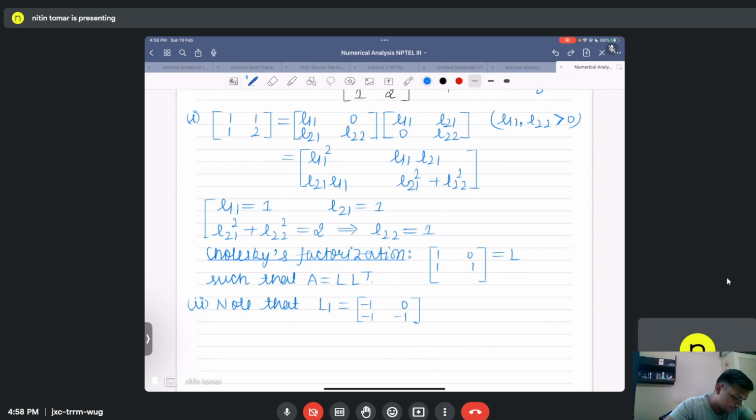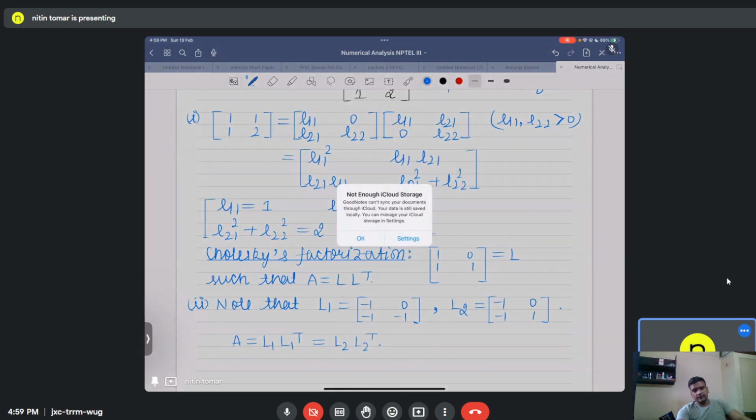Then what I'm thinking is this, L21 is -1 certainly, and you can also choose L2 to be [-1 0; 1 -1]. Then you can write A as L1 L1 transpose, which is the same as L2 L2 transpose.